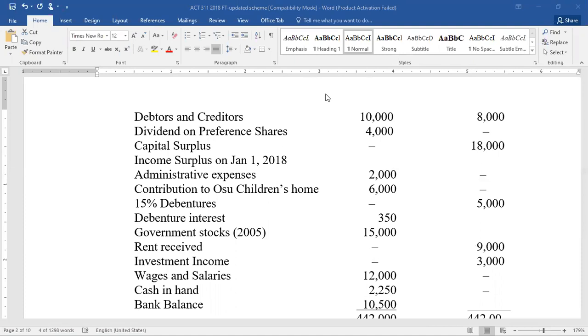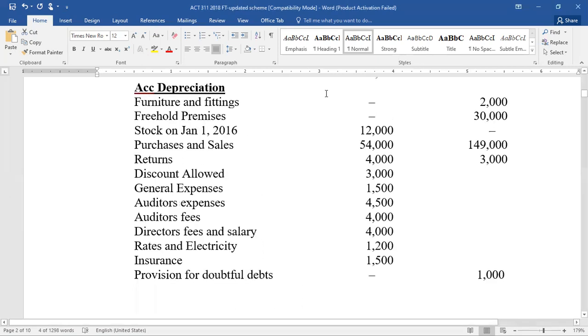You go to your current assets, and the very first item that appears there is your inventory. We were told in the footnotes that the inventory at the end of the year is 8,000, which is somewhere here.